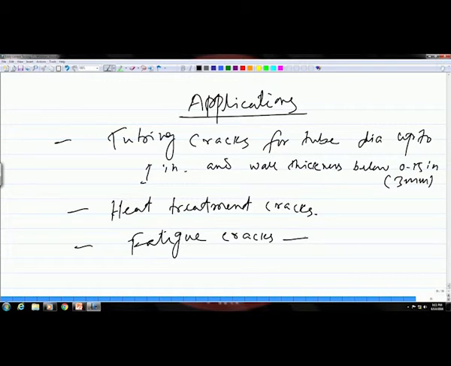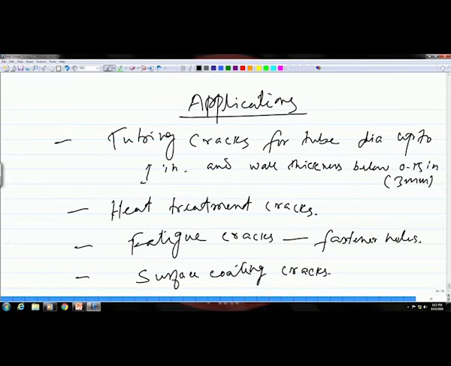Like in aircraft structure, in the fastener holes, you could expect this kind of fatigue crack to develop. So, those areas can be inspected by eddy current testing. And then if you have any crack on the surface coating, cracks can also be detected by this technique.